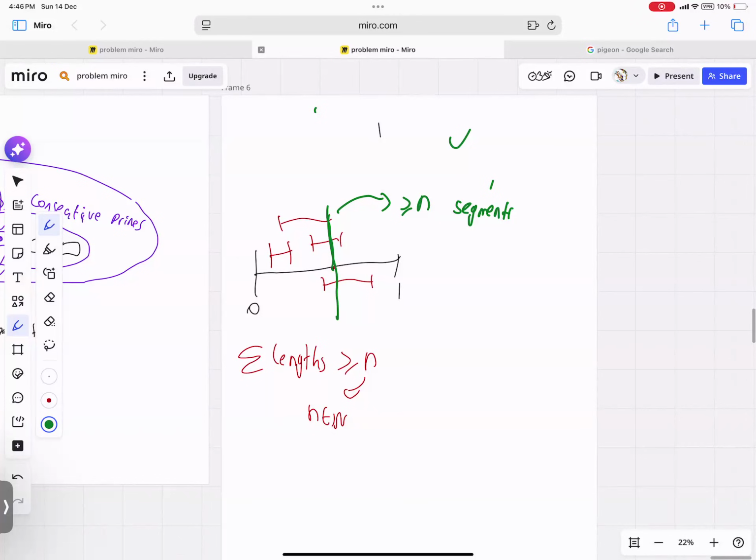Does the problem statement make sense to everyone? Okay, so any ideas?